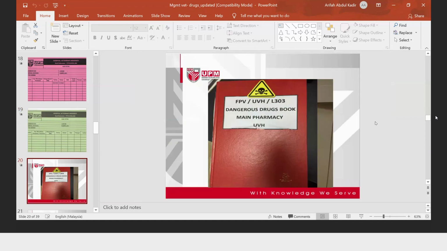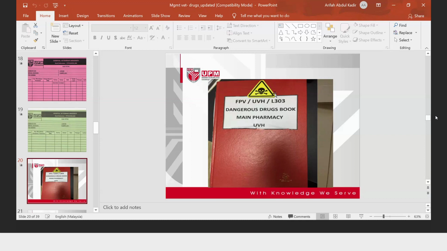Okay, the dangerous drug logbook. This is the logbook. The logbook requires a yellow sticker with a skeleton here. This is very important, to say this is a dangerous drug, so beware.